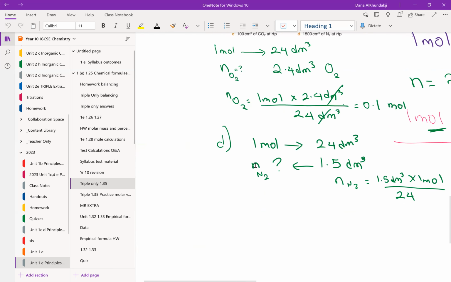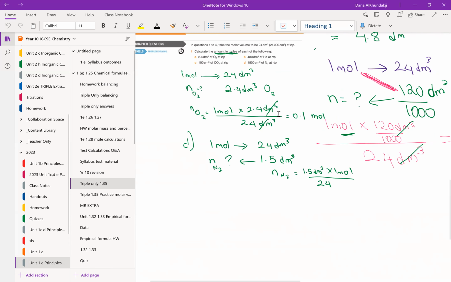Another example: if 1 mole occupies 24, what if you have 2.4 decimeter cubed? You write it underneath, cross multiply, so it becomes 1 times 2.4 divided by 24, and then you get 0.4 moles.